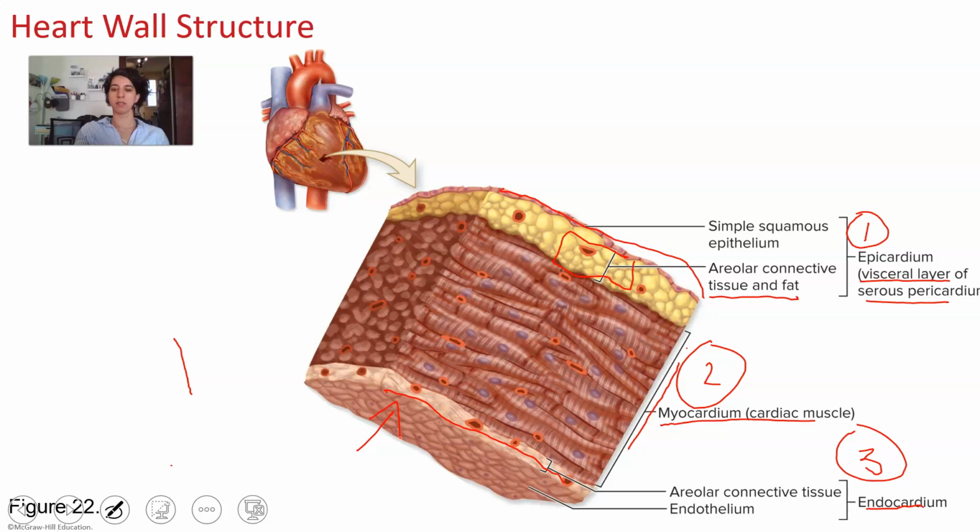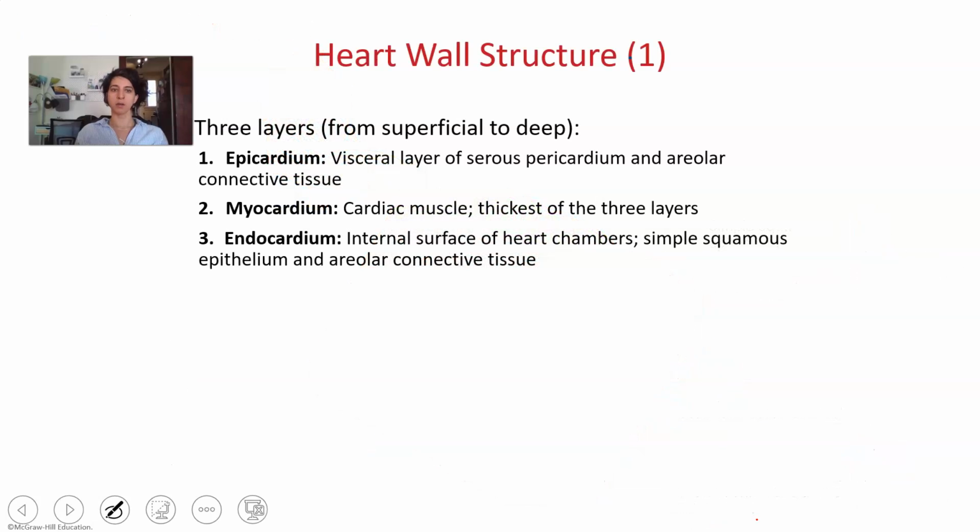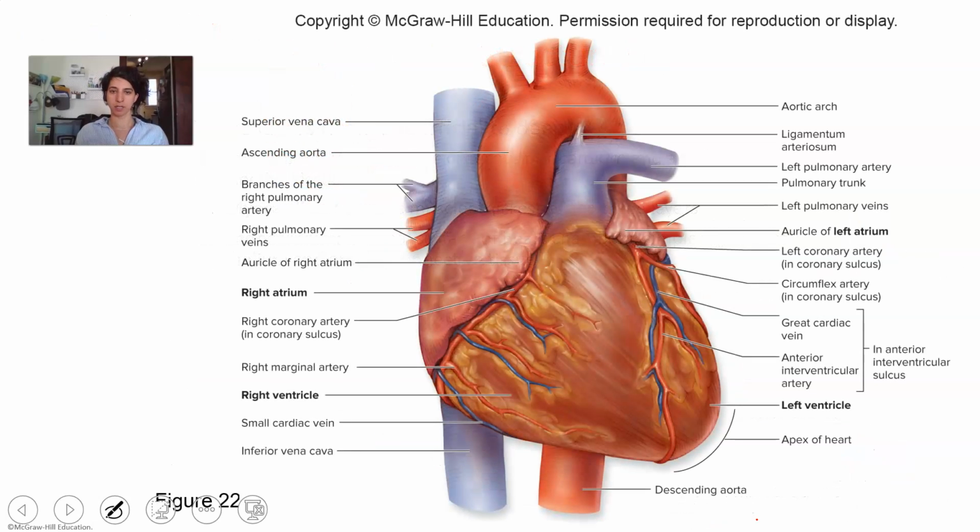Yes, you guessed it, it has a layer of epithelial tissue and then a layer of areolar connective tissue. And that specific type of epithelial tissue lining the chambers of the heart is called the endothelium.